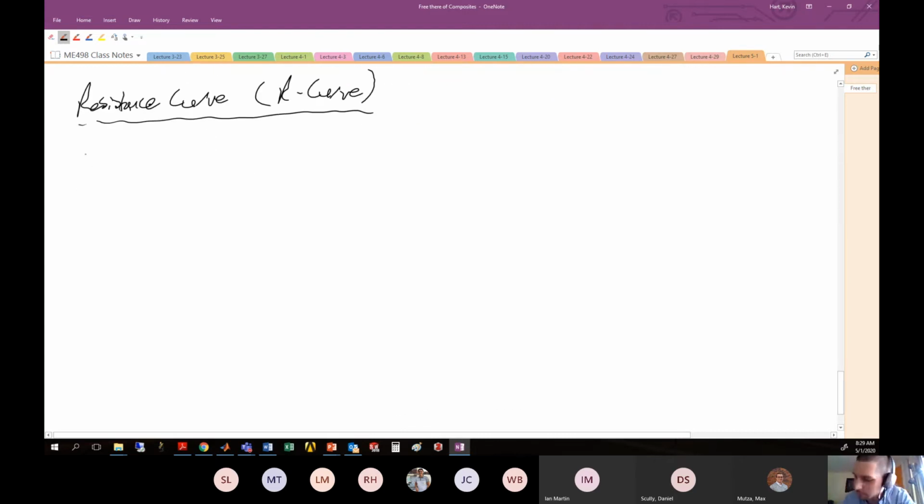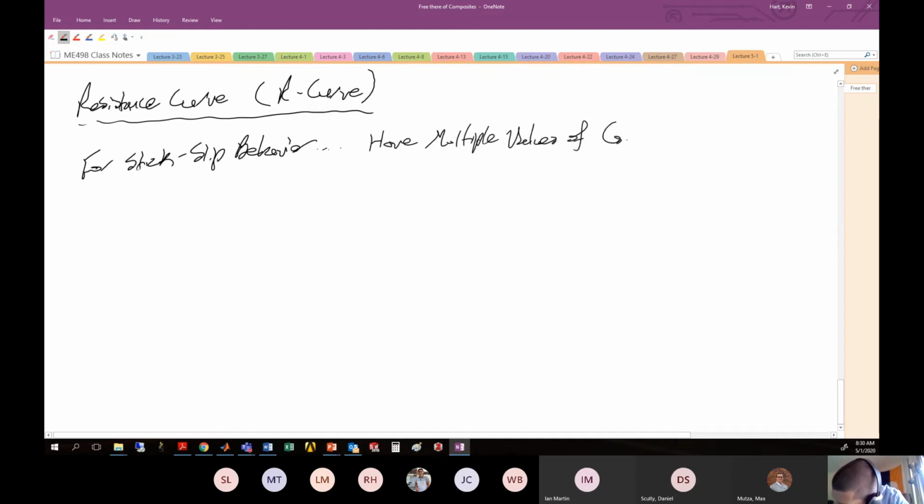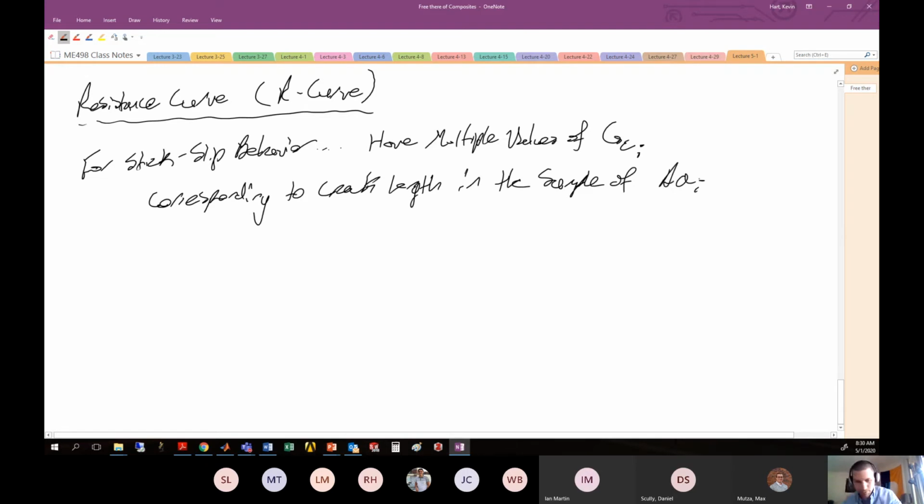For stick slip behavior, we have multiple values of G_CI corresponding to crack length in the sample of delta a_i, or let's just say the crack length is a_i.